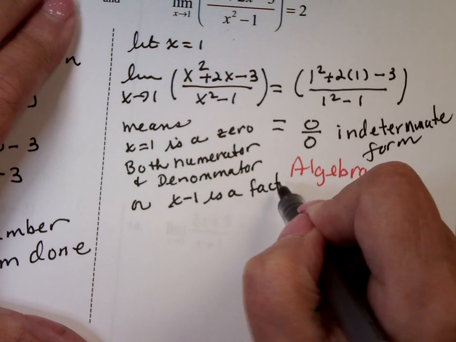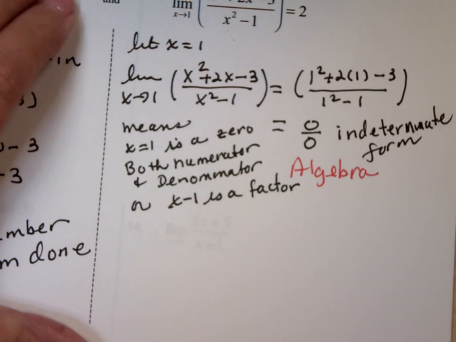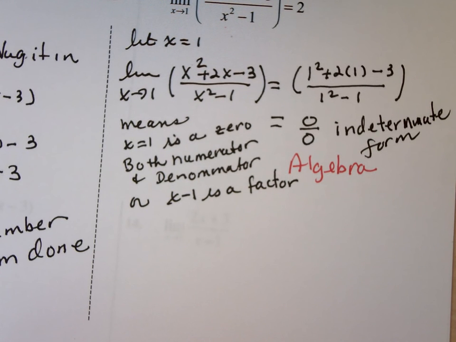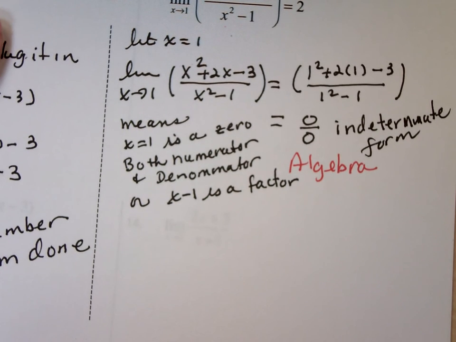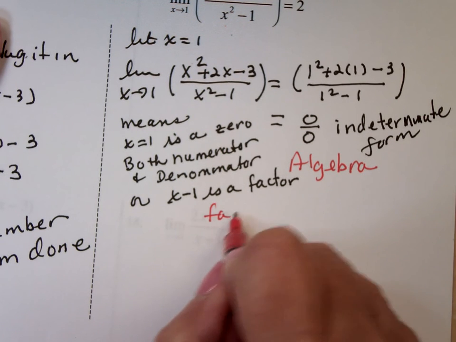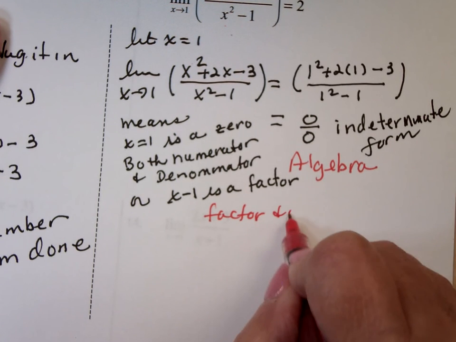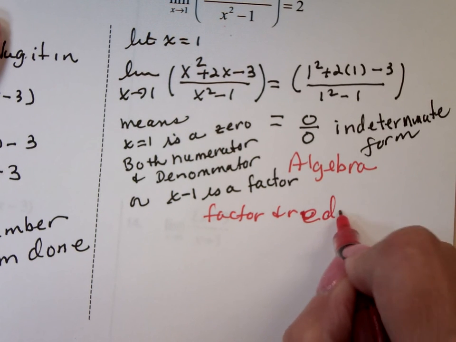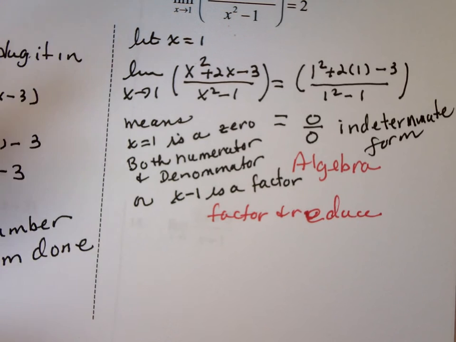Welcome back to college algebra. So what this means is I need to factor and reduce and try again. See what happens if you don't get a number? You get 0 over 0. That means I need to do some algebra on it.